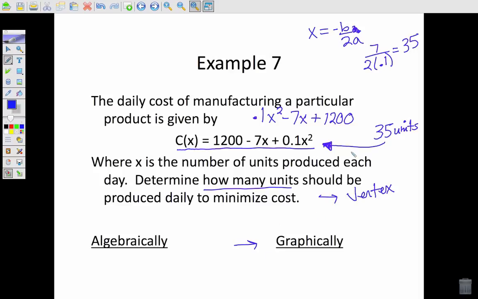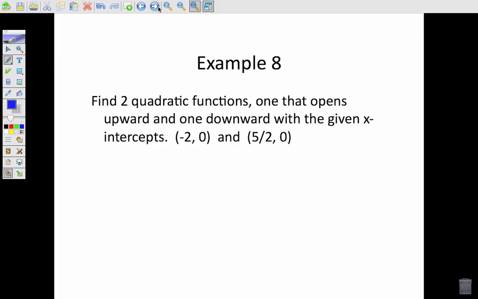Now, how to do this graphically? Graphically, you'll type it into your calculator and calculate your minimum, okay? So you're just using the calculator to do your vertex. Example 8, find two quadratic functions, one that opens upward and one that opens downward with the given x-intercepts.